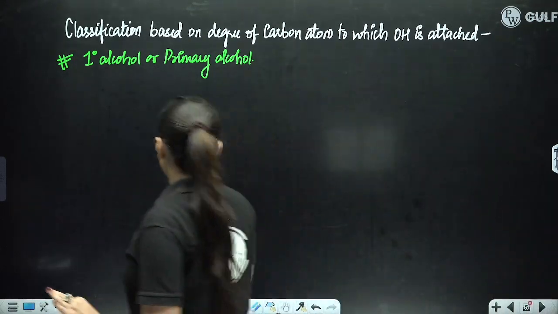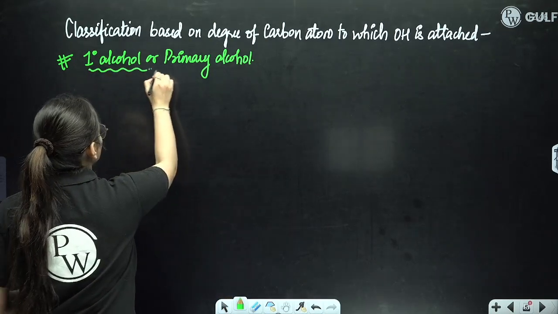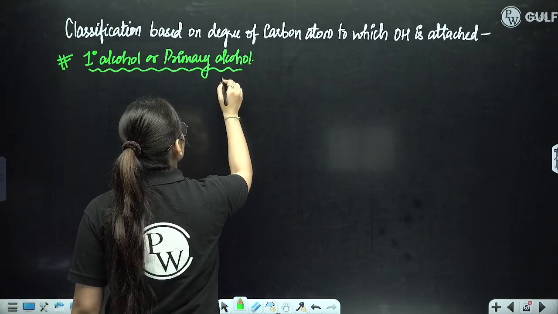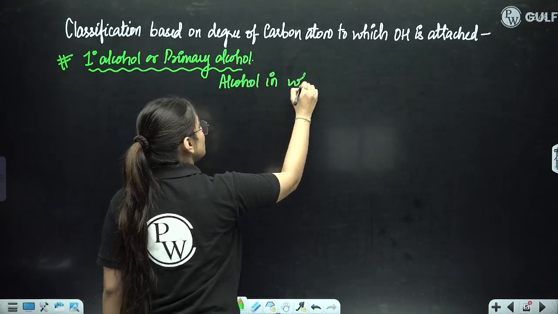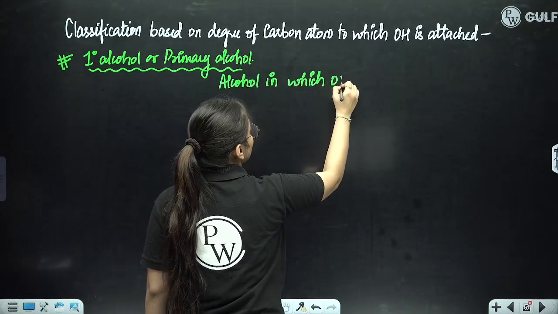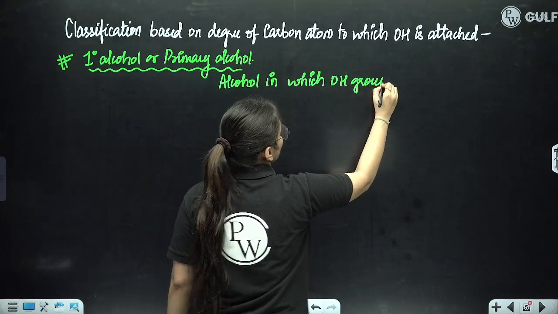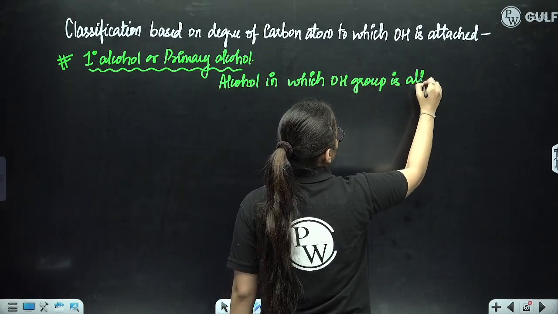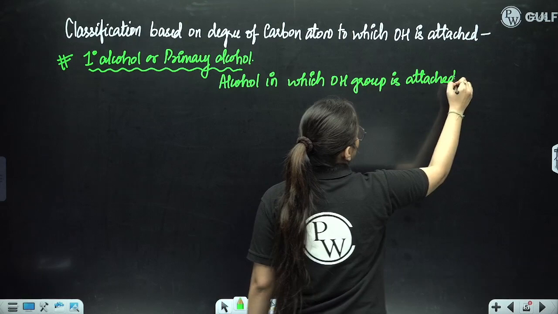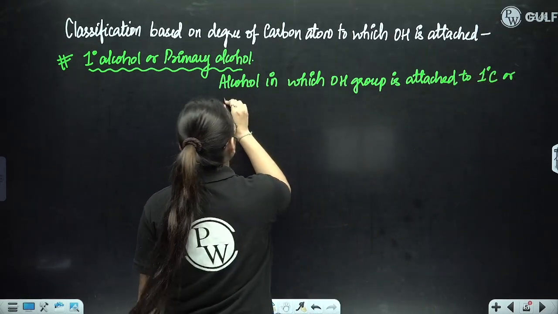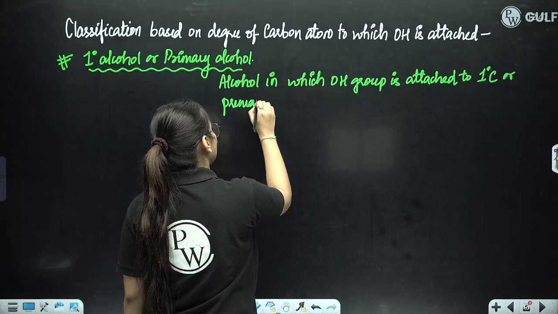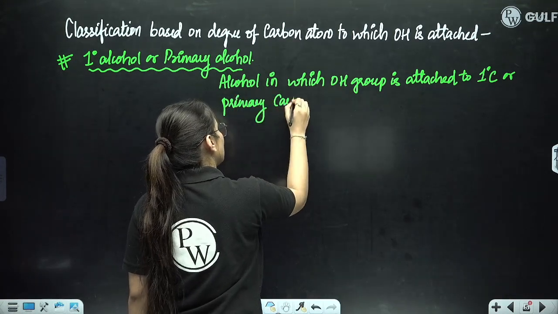So a 1 degree alcohol or a primary alcohol is that alcohol in which the OH group is attached to a 1 degree carbon, or I would say is attached to a primary carbon.